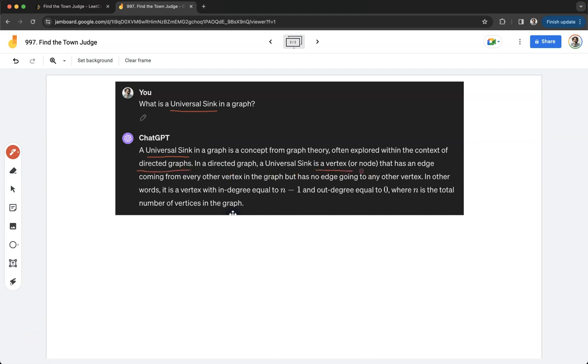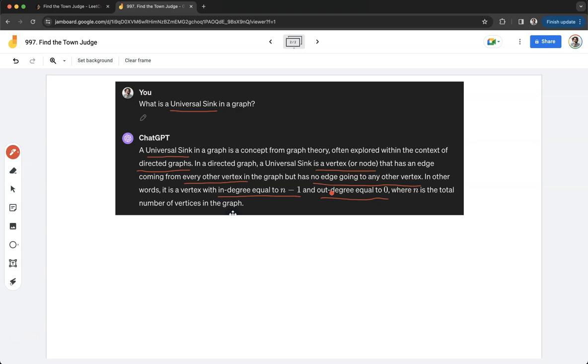It's a vertex or a node that has an edge coming from every other vertex, just like our example, and just like our problem here, and has no edge going out to any other vertex. In other words, the in degree is n minus 1, and the out degree is equal to 0. This is exactly what a universal sink is, and this is exactly what our problem is asking for.